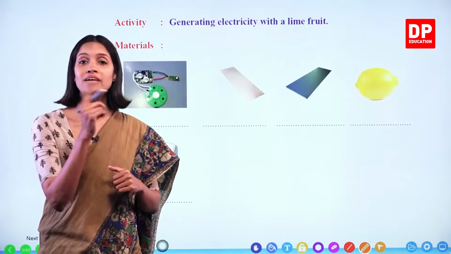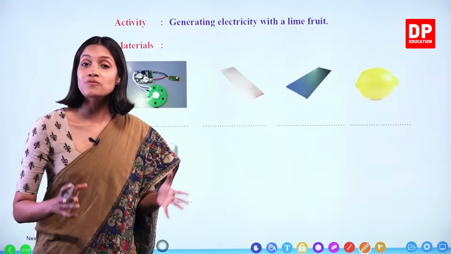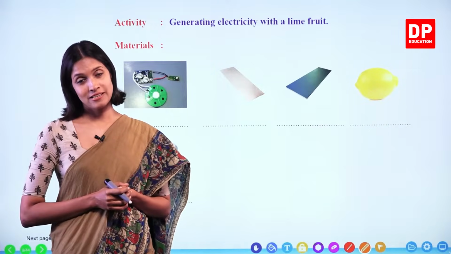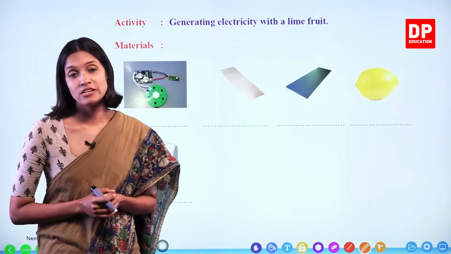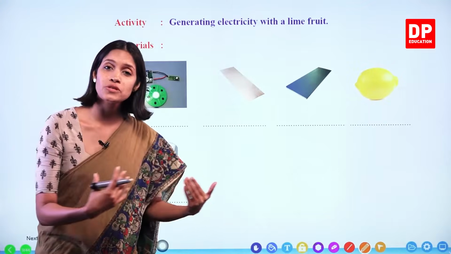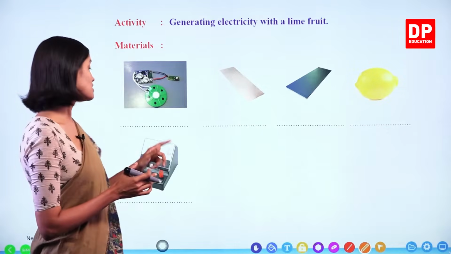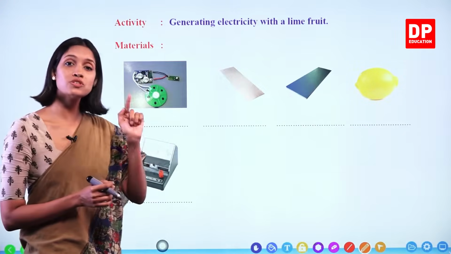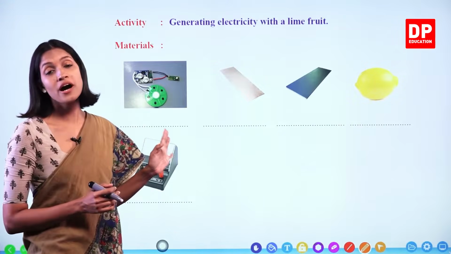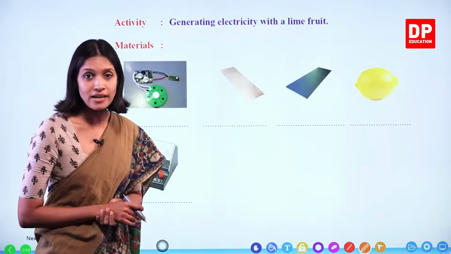It can move here and there, but it moves only if electricity passes through it. That is the speciality. So it can indicate whether electricity flows through the circuit or not, because the indicator moves only when electricity passes through it.